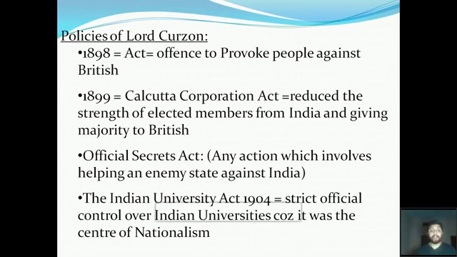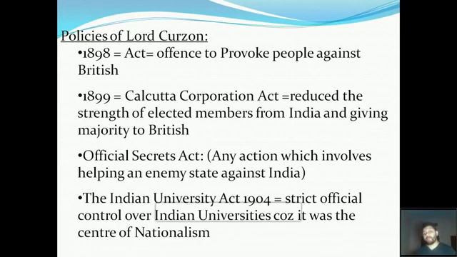Then again, the Official Secrets Act. Any action which involves helping an enemy of the state will be considered against India. Which means, if I am helping a person who is already working against the British, for the British he is an enemy, and since I am helping him, the British will consider me also an enemy of the state, that means against India.